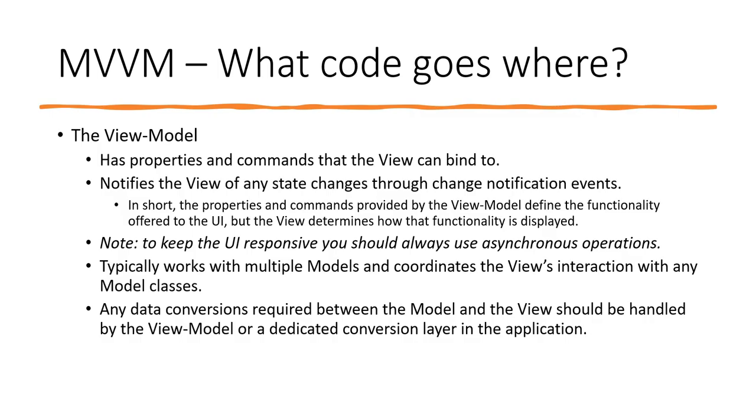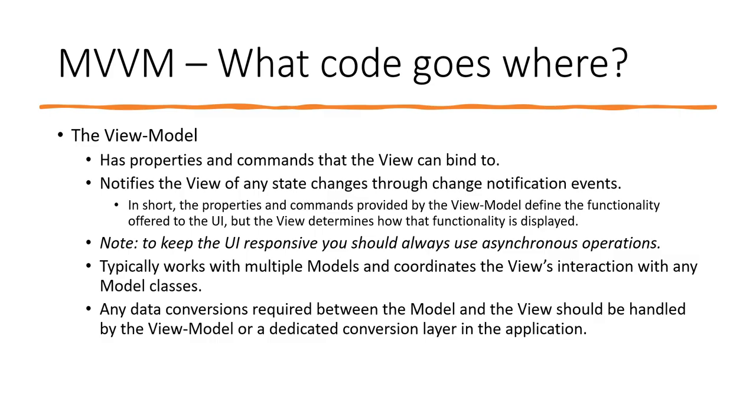Okay. Now, getting back to the code in the view model itself, it typically works with at least one, but often multiple models, right? Sort of think of the database models, our POCOs and so on. It also coordinates the view's interaction with any model classes, right? So it deals with the whole data domain.